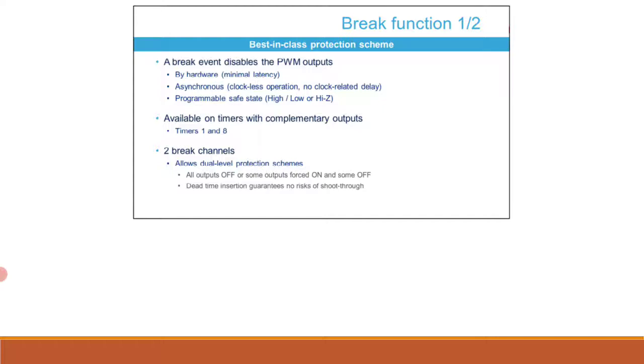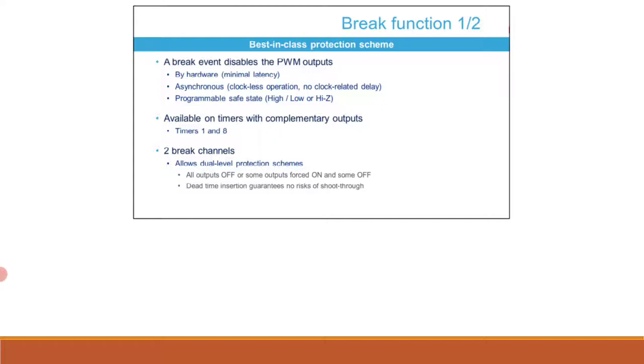Furthermore, a dead time delay can be inserted immediately before entering the fault mode for safely disabling the power stage. This prevents potential shoot-through conditions. Let's consider, for instance, that the fault occurs when the high side PWM is on, while the safe state is programmed to have the high side switched off and the low side switched on.